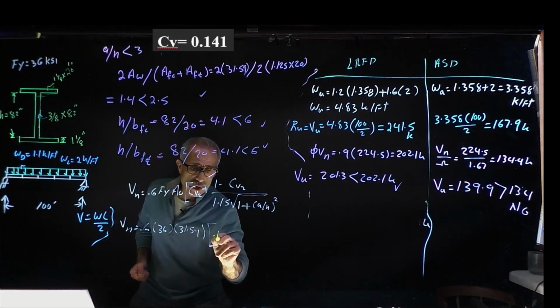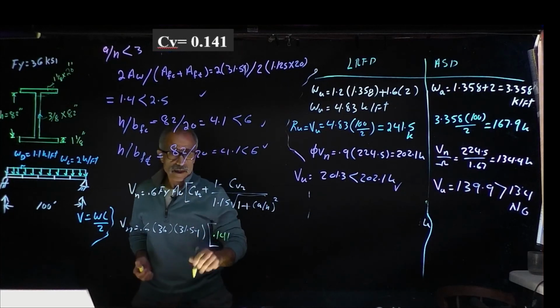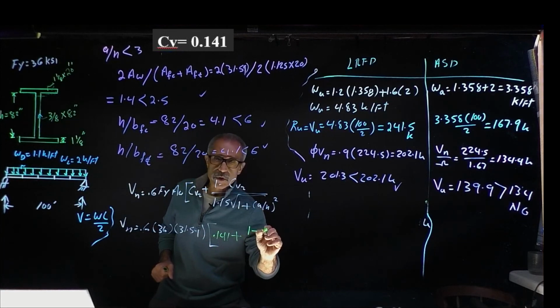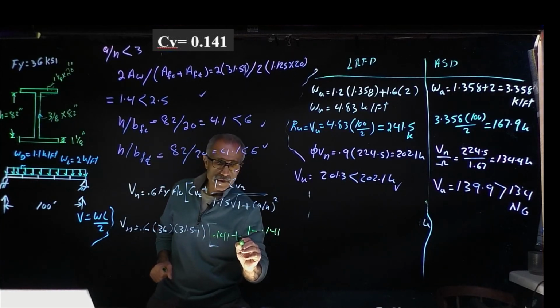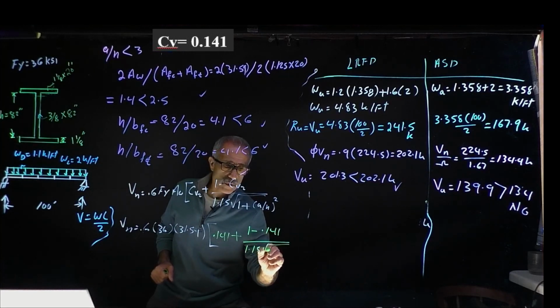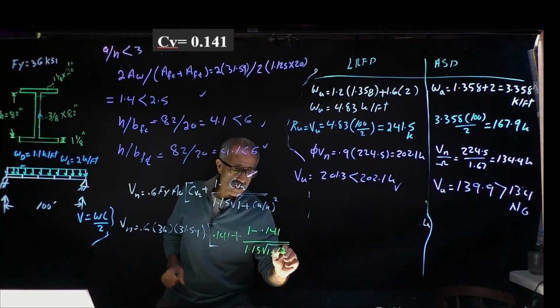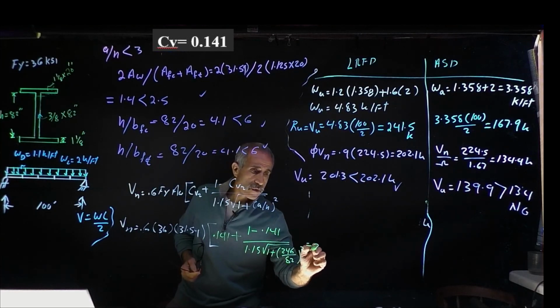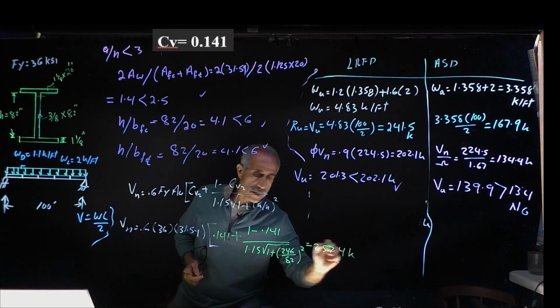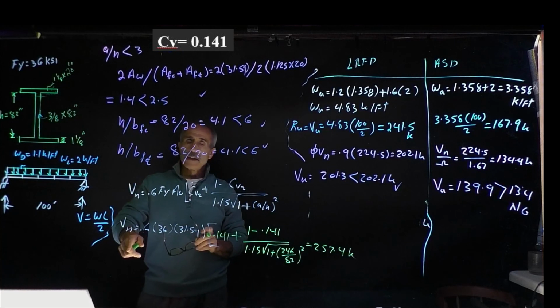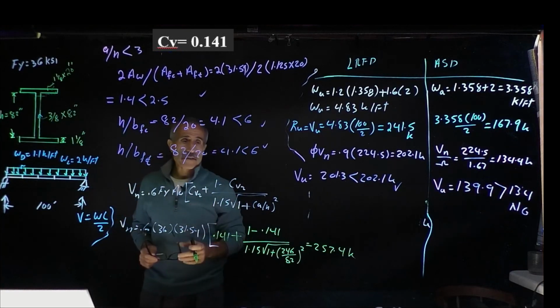So 0.141 plus 1 minus 0.141, divided by 1.15 times square root of 1 plus A over H, 246 divided by 82 squared, and it becomes 257.4 kip. So this is our capacity of Vn after we put the second stiffener in.